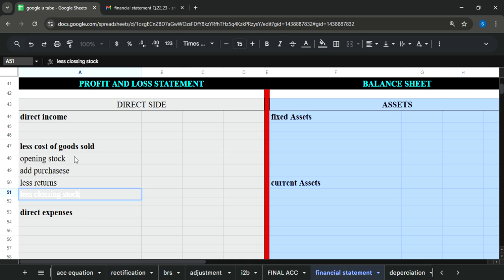It is almost impossible to calculate gross profit without opening stock, without purchases, and without closing stock. It's not possible to calculate the cost of goods sold.